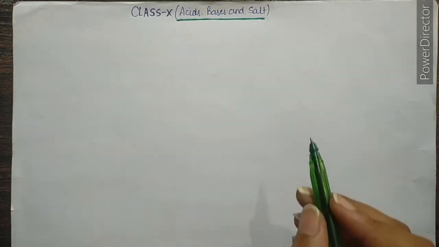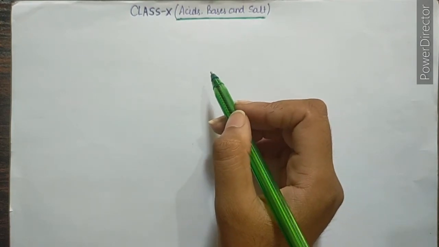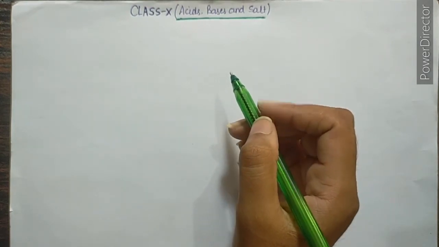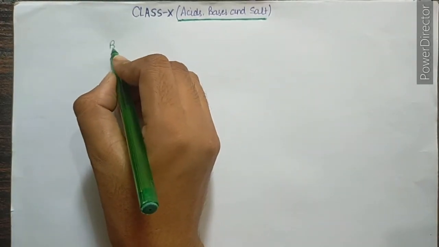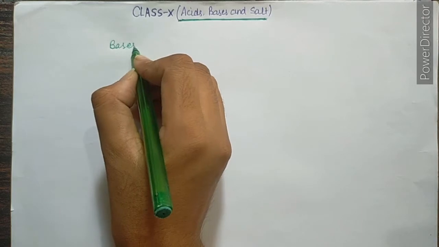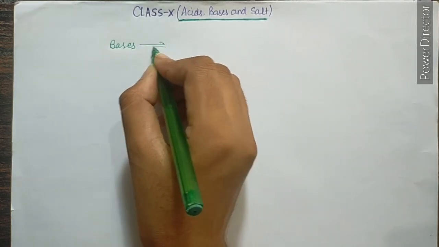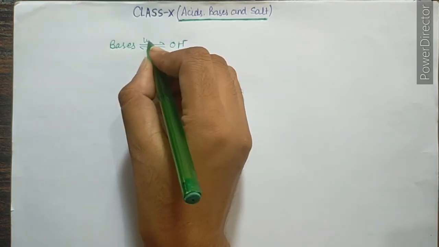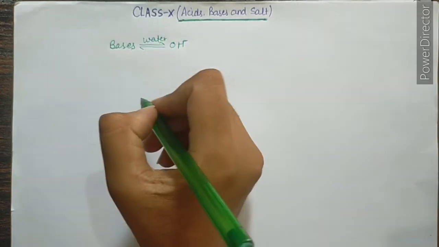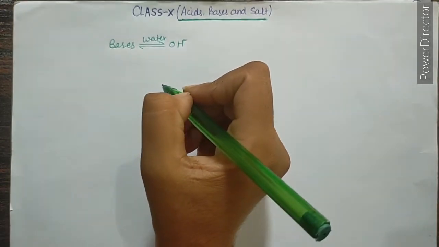In the previous video we have learned the definition and classification of acids, and now I am explaining the definition of bases chemically. Bases are substances which dissociate to give hydroxide ions in water. What is a base?